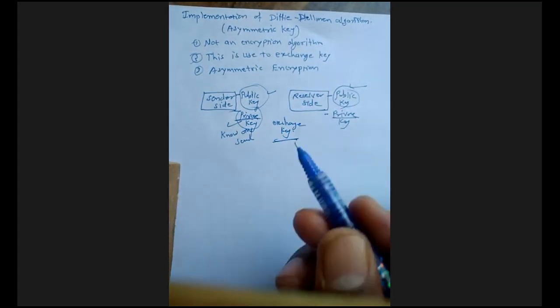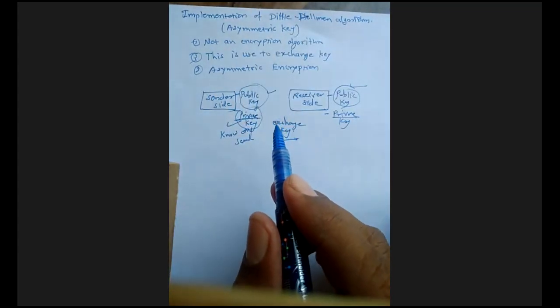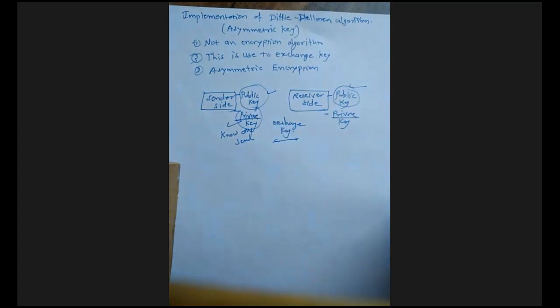Okay. So this is the complete idea of this Diffie-Hellman algorithm. But how can you do these operations? You understood the idea for the sender side and the receiver side with the key. Here I am exchanging the key only. Now, what they have said in this algorithm is that you have to consider first. What values can you consider?